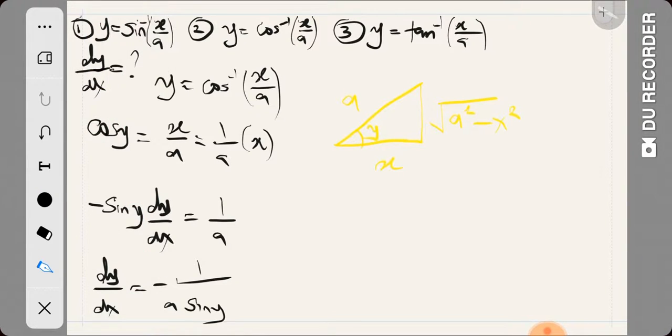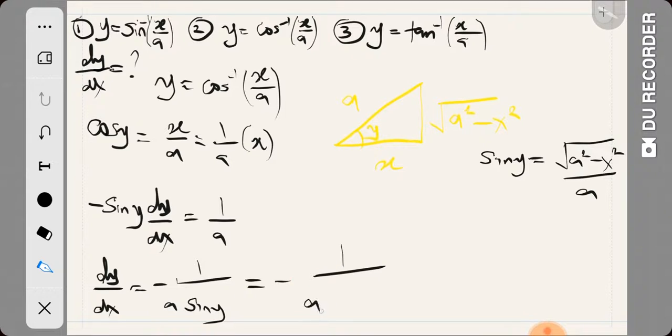So we could write the expression for sine of y there. Sine of y will be opposite over hypotenuse, which is a. Then we have to substitute this into this equation right here. So we have minus 1 over a.